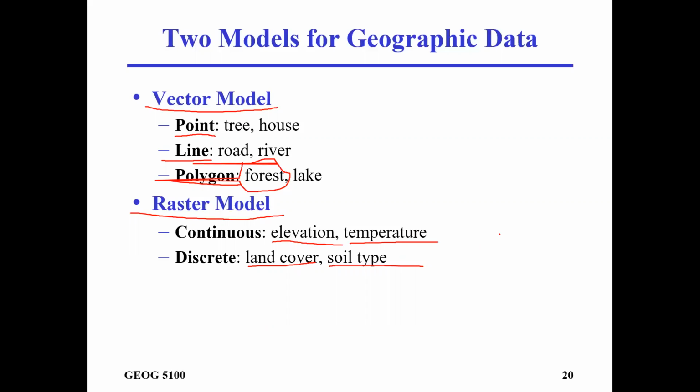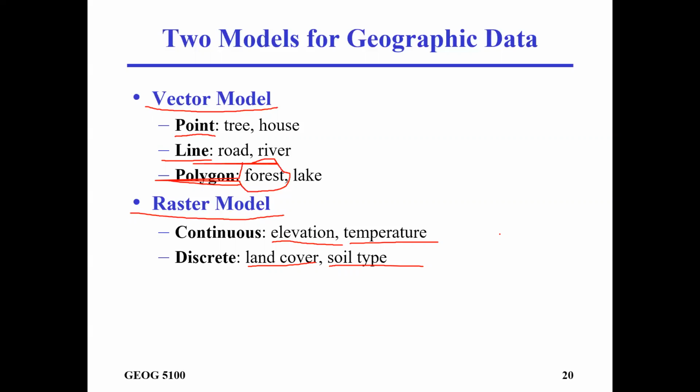So it's very easy to recognize buildings, trees, houses, roads, and rivers within the city, right? On the other hand, if you're working at a very high level, for example, you want to address something at state or even national level, the vector model could be very complex.